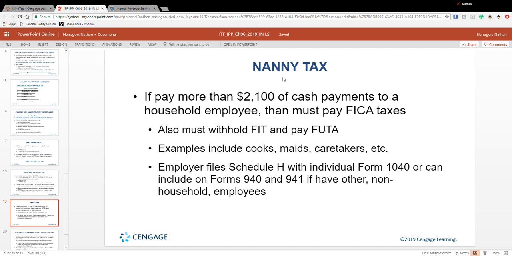So that's why it's called the nanny tax. And again, we have the Schedule H. That will happen on the 1040. And you can include Forms 940 and 941 if you have other non-household employees. If you want to use that, that's for businesses. But mostly we have Schedule H.